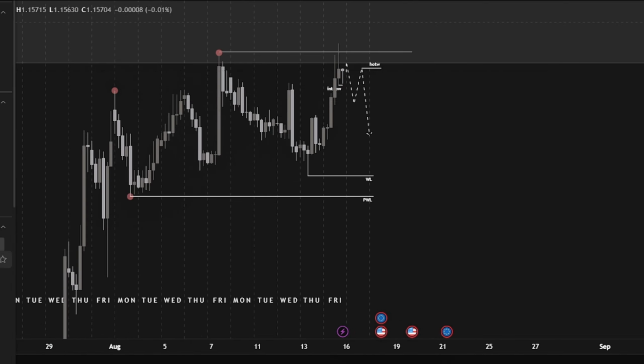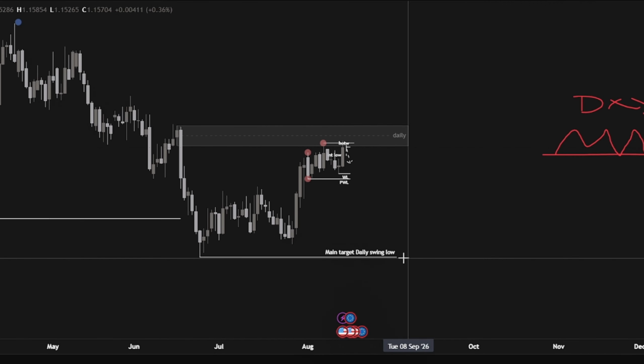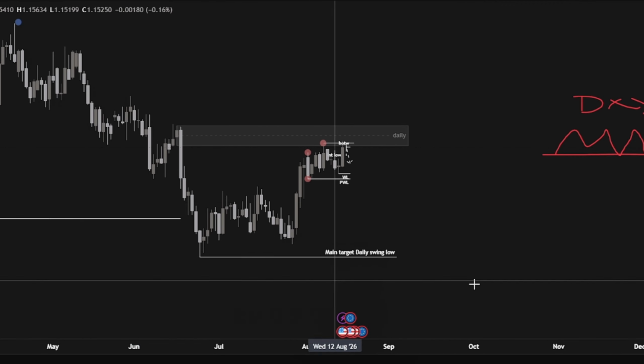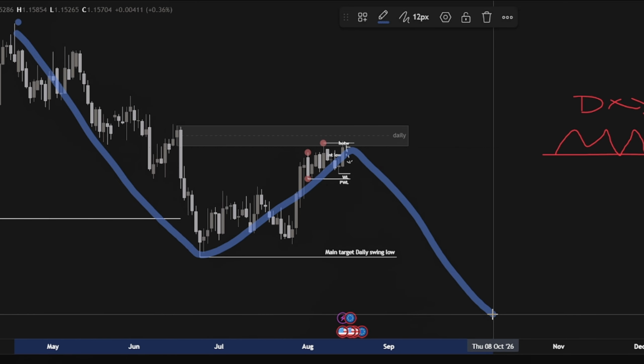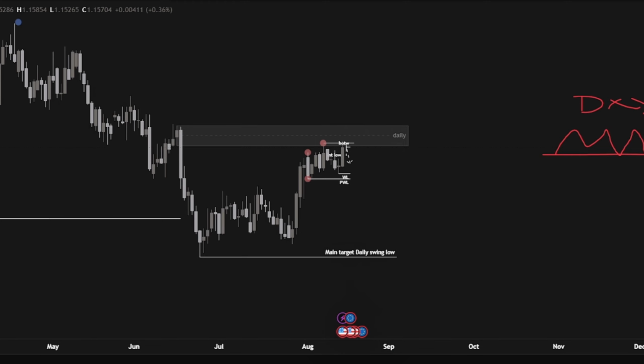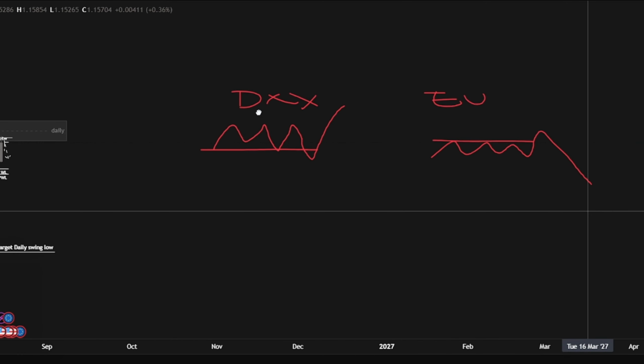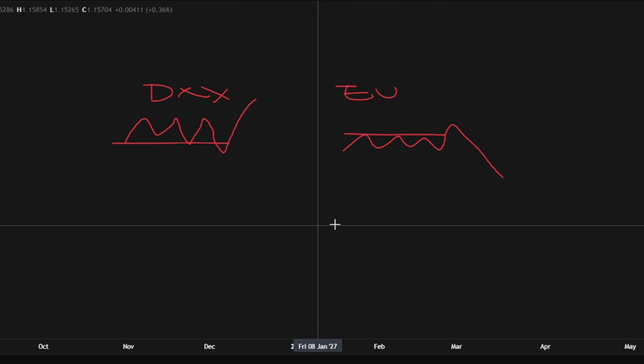We do also have it on the higher time frame, which is our overall target. We've got this main target, which is our daily swing low, right? We have this whole leg, so price coming up to here, moving lower is what I want to see price do.